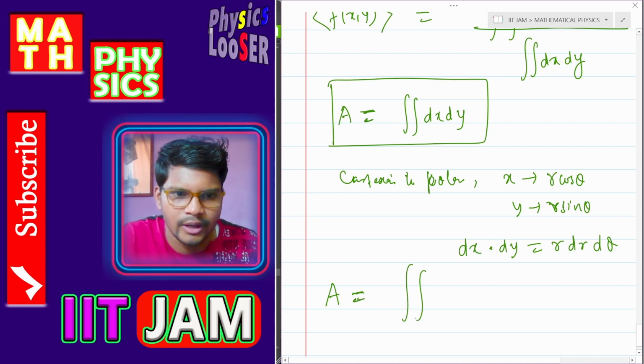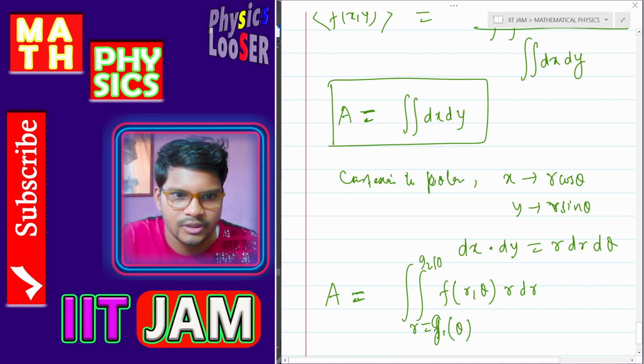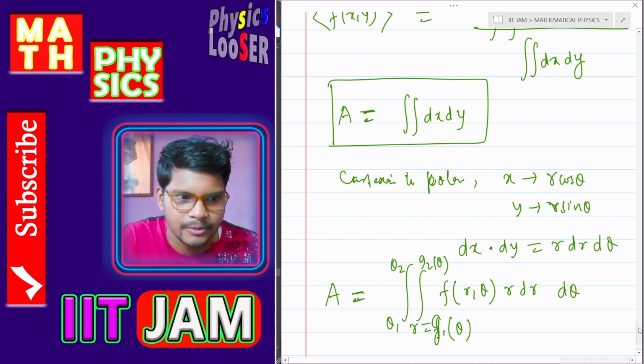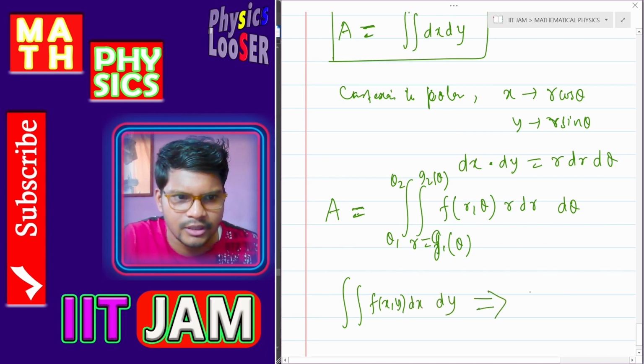And so the area integral in polar coordinates can be written as f of r comma theta, r dr, and then you have to express everything in terms of, let us say, g1 of theta and g2 of theta, and there is theta, and this theta will have some particular limits over here. Now if you have f of x comma y dx dy, I can convert it into f of r cos theta, r sin theta, r dr d theta.